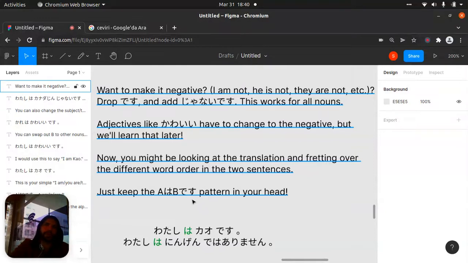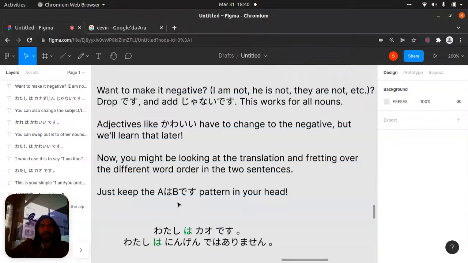If you want to say negative, then we need to say ja nai desu. Watashi wa, or kare wa: the verb changes between am, is, are, and at this point it will be am because we talk in first person. Then we can put our verbs or things there. If you want to make it negative, we say ja nai desu. If you want to make it positive, we just put desu. It's like that.